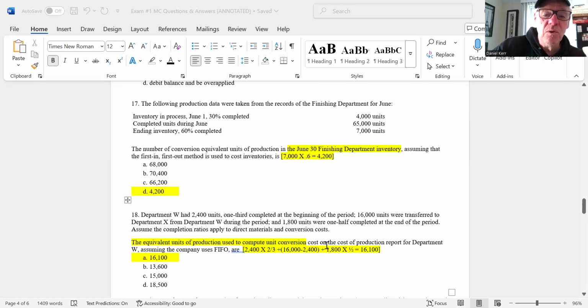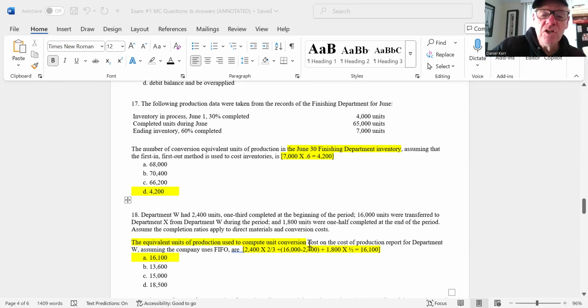So you had 2,400 units that were 1/3 complete at the beginning of the period, so 2/3 of the costs would have been incurred this period. So 2,400 times 2/3. Started and completed, you had 16,000 units that were transferred out of the department, and you had 2,400 to begin with. So the ones that were started and completed would be 16,000 minus 2,400.